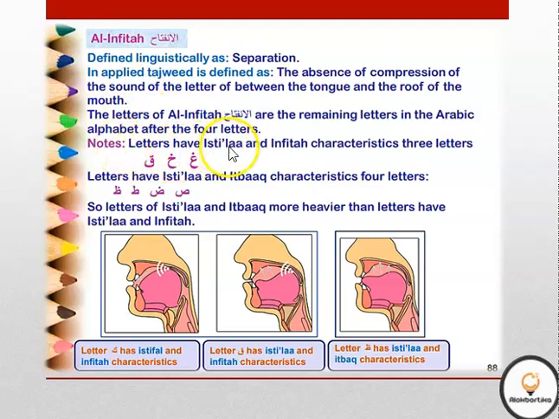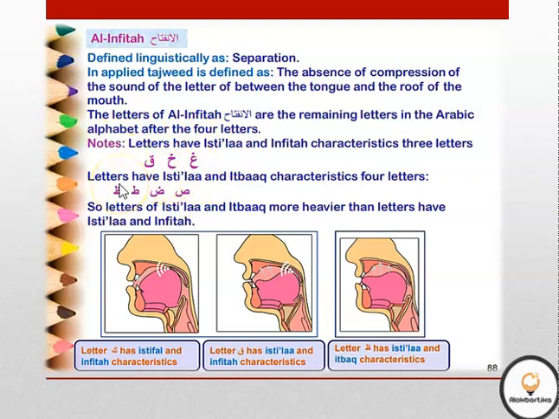Notes: the letters that have isti'ala and infitah characteristics are 3. So they are the weaker in this group of sifat. They are ghain, kha, qaf. They are bearing the weak sifat of infitah, but they are bearing side by side a strong characteristic like isti'ala.